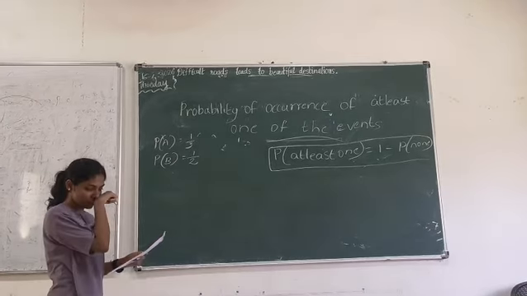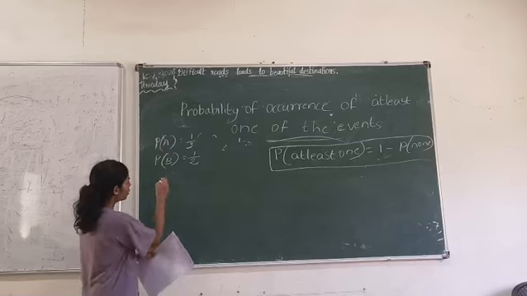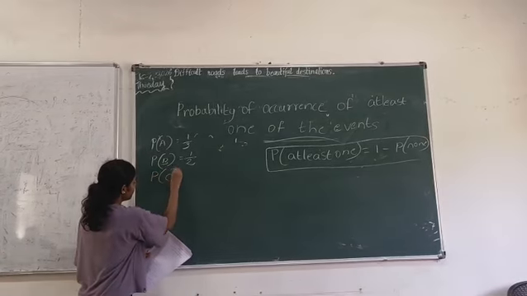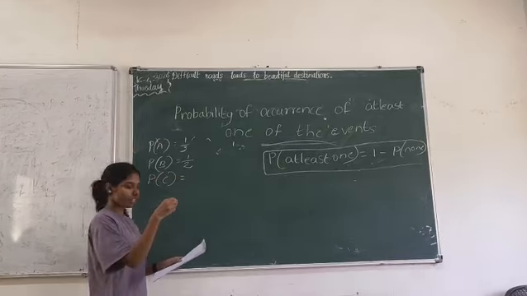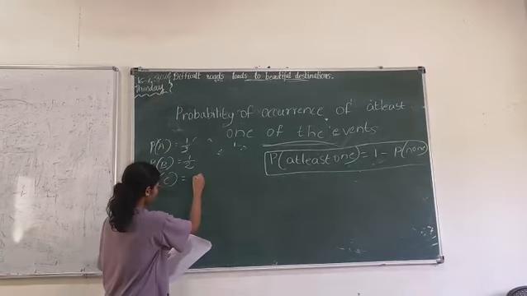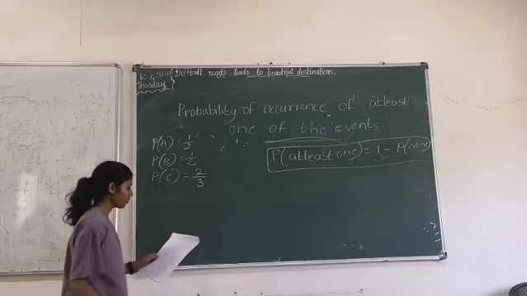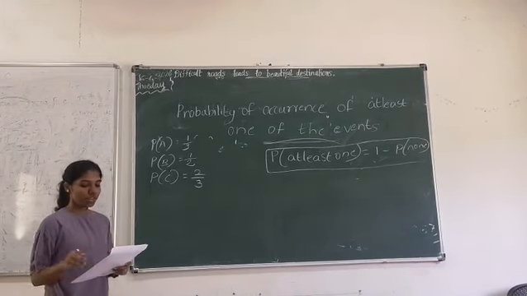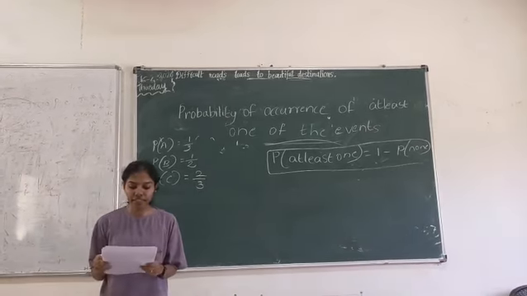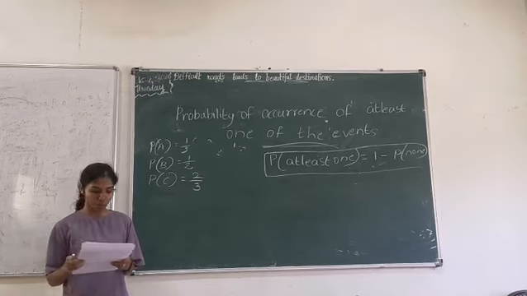And probability of clearing the third is 2 by 3, and it is given that first 2 interviews are failed. Find the probability that student gets at least 1 job.